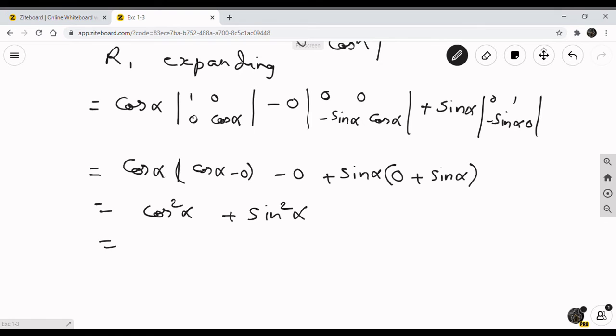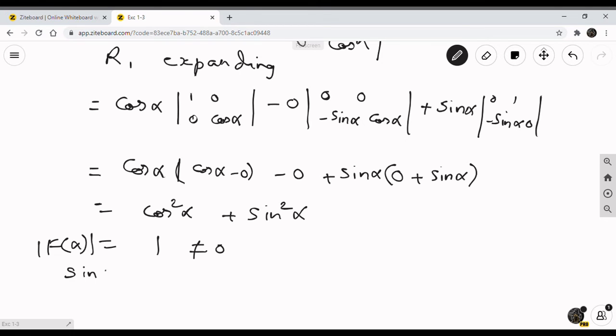So what is cos square plus sin square? We know, from the 9th standard we are learning trigonometry, cos square alpha plus sin square alpha is 1, and that is not equal to 0. That is, the determinant value of f alpha is equal to 1, it is not equal to 0.